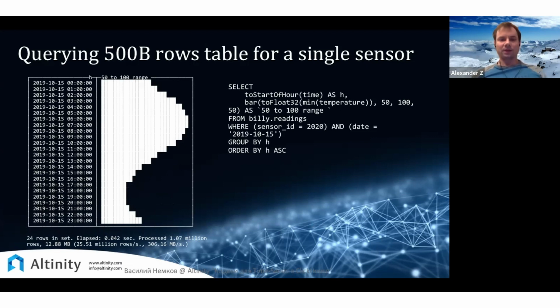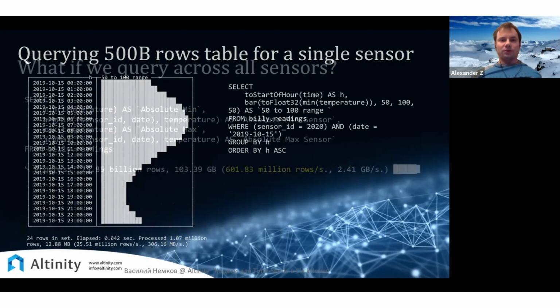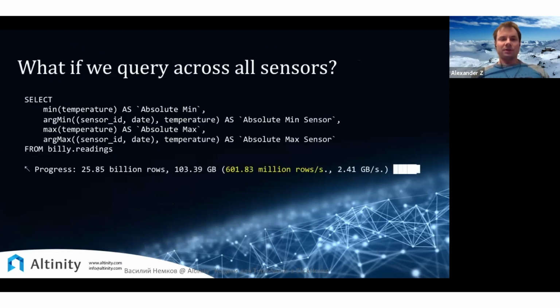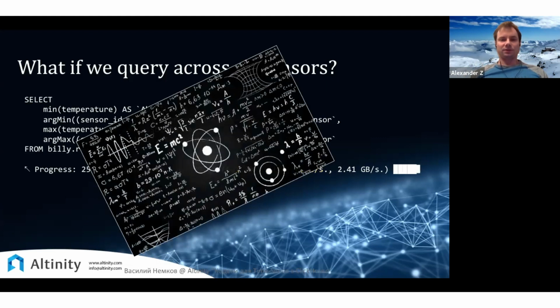That's good. But what if we want to query for all sensors, not just for one sensor, for the full data set? ClickHouse tries hard, and as you can see, it works at a speed of 600 million rows per second, but still the laws of physics exist, and this query will take several minutes, or 10 minutes, or 20 minutes.